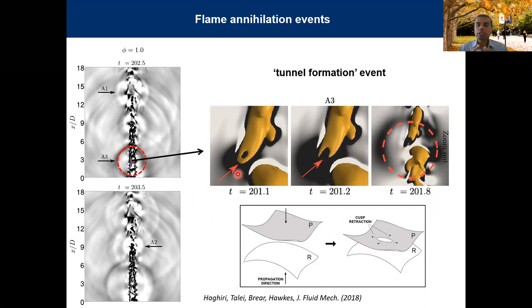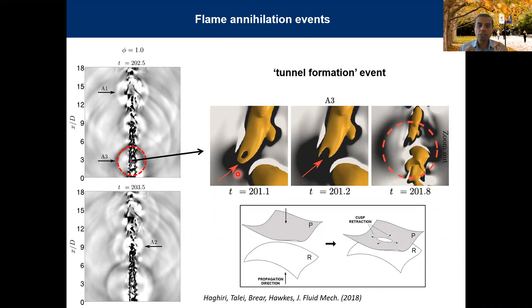What is interesting about these turbulent flames is that you cannot really separate these events. In a lot of cases, you have these events happening very close to each other and in combination, okay?